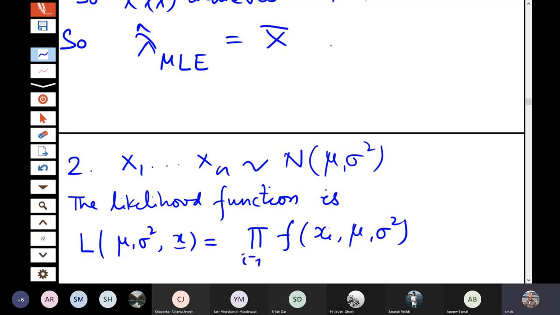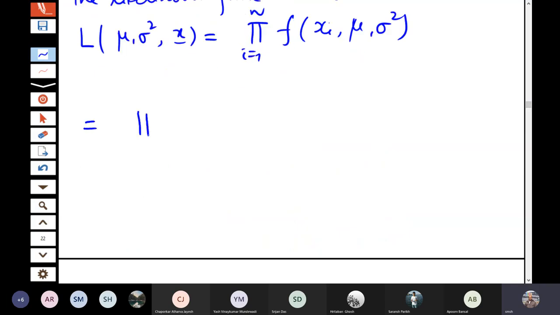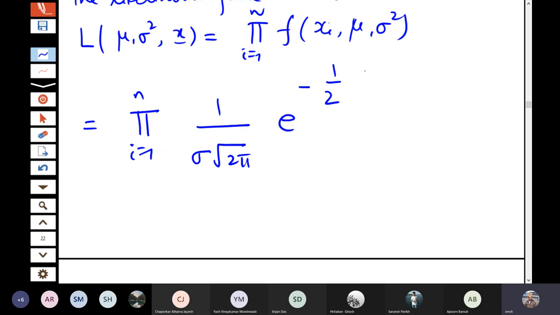That is the product of the joint distribution of x1, x2, ..., xn. So that is the product of 1 by sigma root 2 pi, e to the power minus 1 by 2, (xi minus mu) by sigma, whole square.